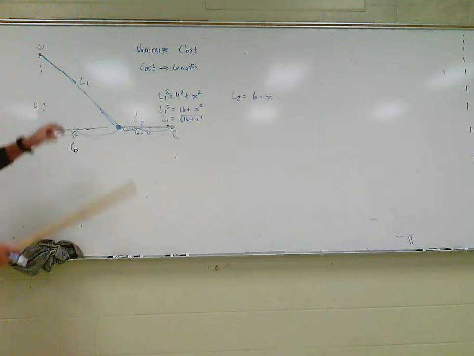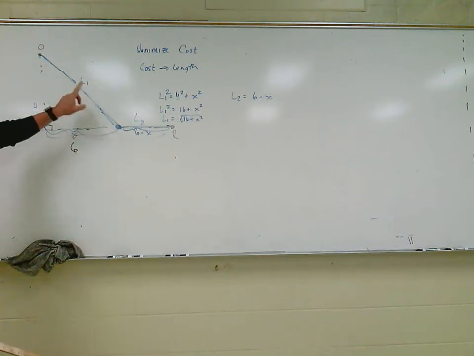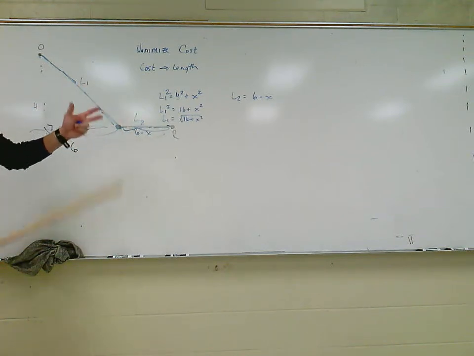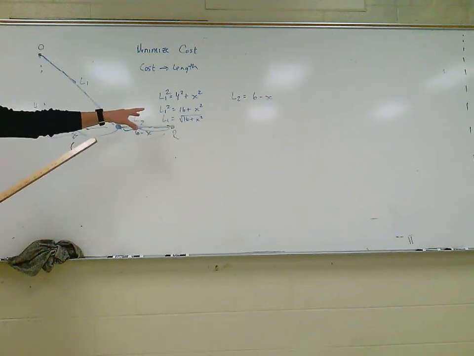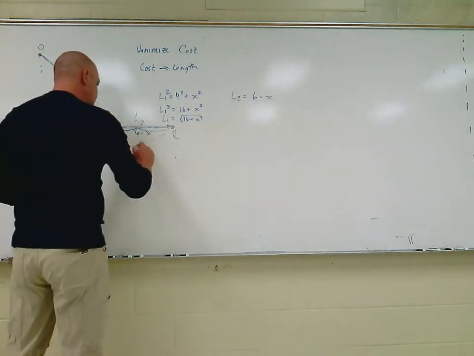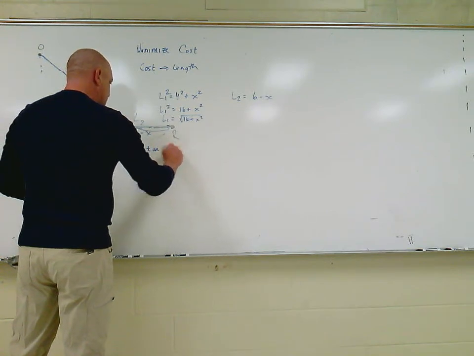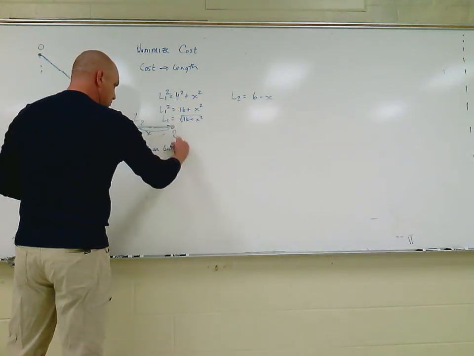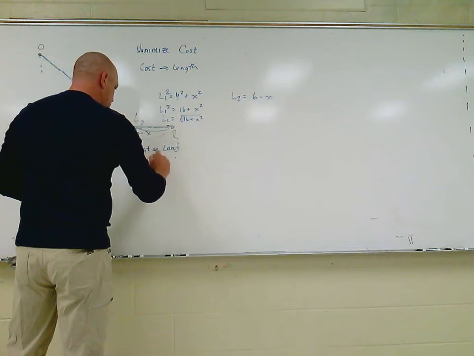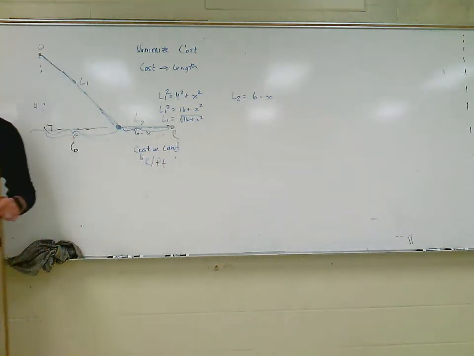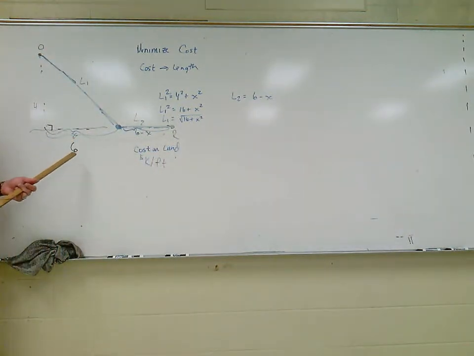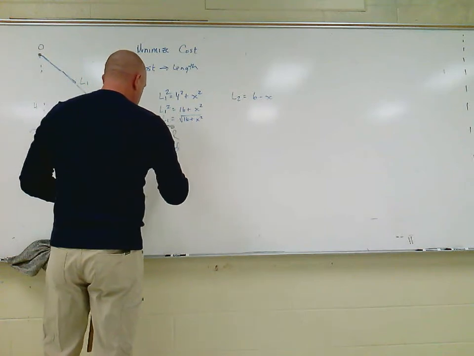Okay, so what does it say? It says it's twice as expensive than what it is on land. So I don't know what it is to lay the pipe on land. So what I'm going to say is the cost on land is K dollars per kilometer. I think the problem is in feet, or is it in miles? I think it's kilometers. Kilometers, K dollars per kilometer.